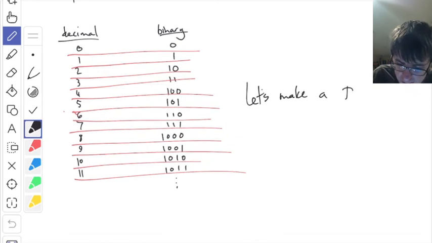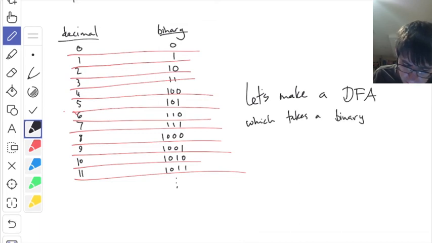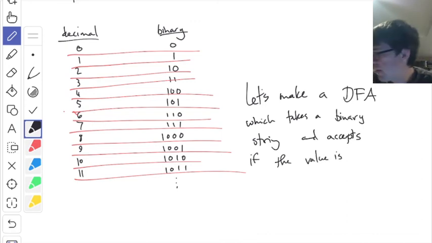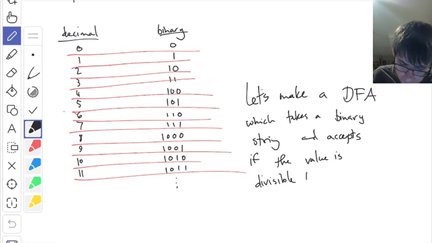I would like to make a DFA which takes a binary string like this, zeros and ones, and accepts if the value is divisible by 3. That's how I want this DFA to work. It takes a string like this, and the string should be accepted if the value is divisible by 3, and should be rejected otherwise.